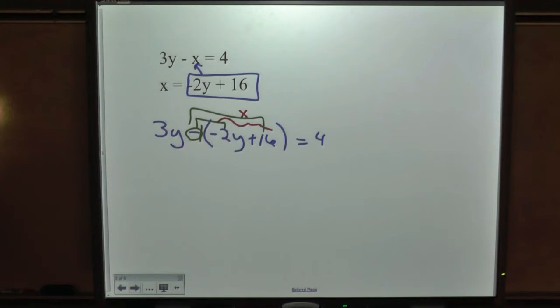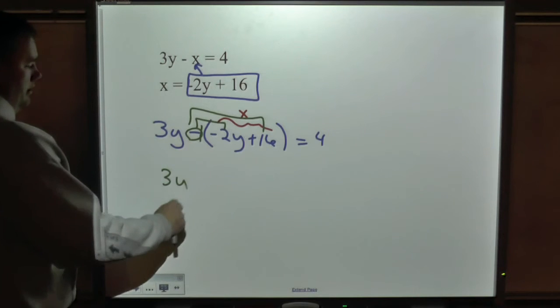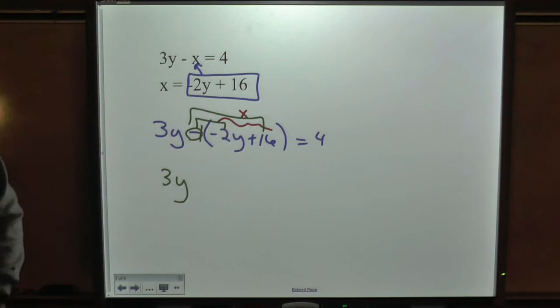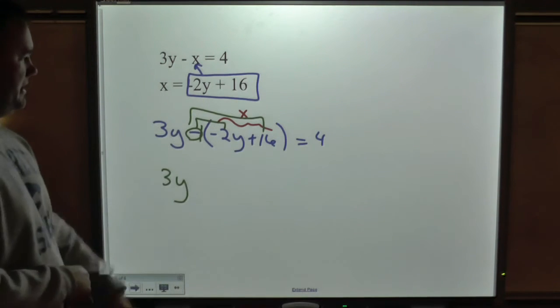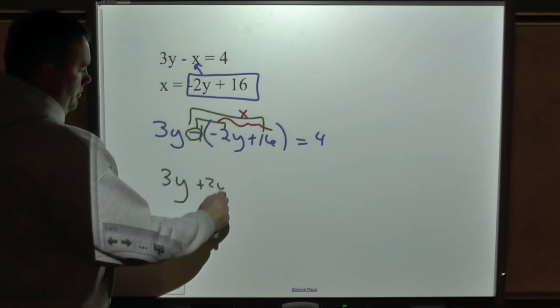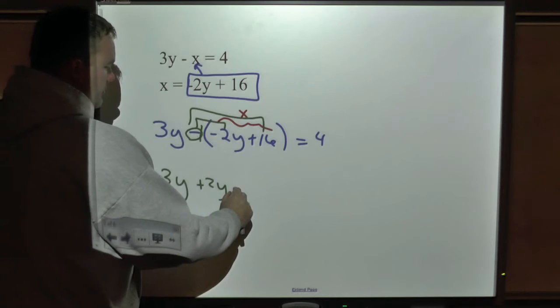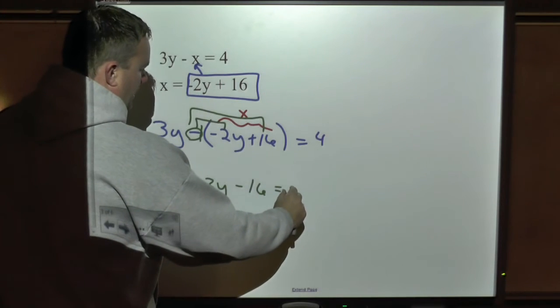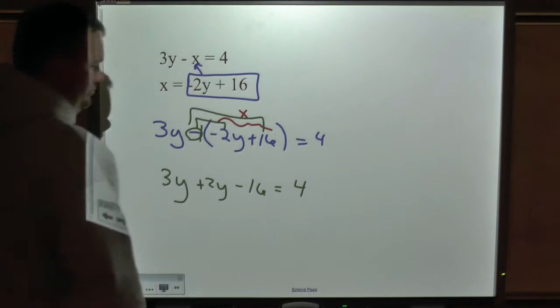But as you guys know from the past, anytime you multiply by -1, all you're doing is just switching the sign. So the 3y is outside that, so we leave it alone. To simplify this set of parentheses, we're just going to take the opposite of -2y, which is a positive 2y. The opposite of 16 is a -16. We're going to equal that to 4.